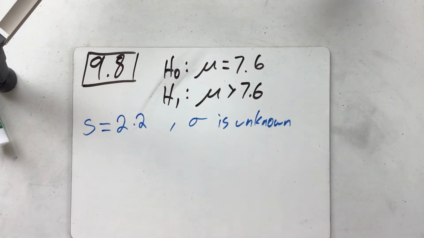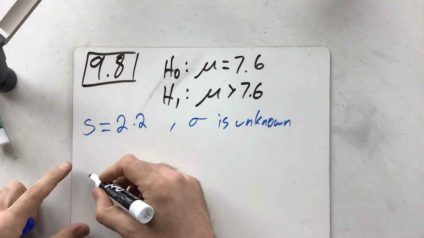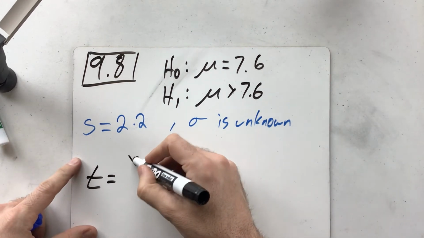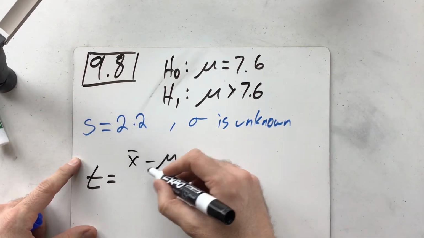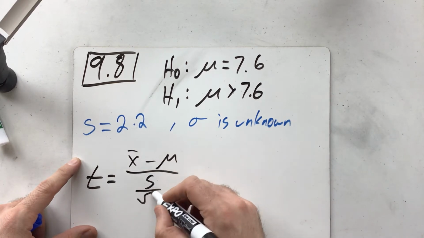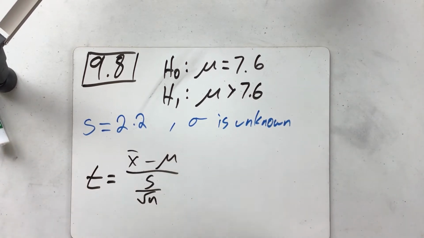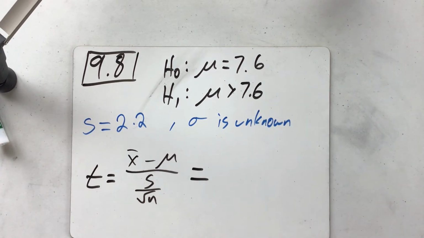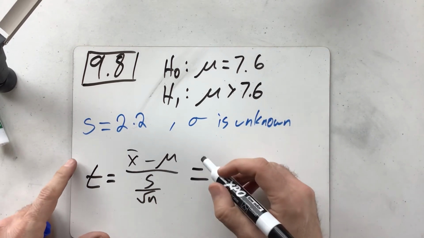So what does that mean? That means we have to use the t distribution and not the z distribution. So we're going to use t equals x bar minus mu divided by s over the square root of n. So this is our test statistic. Let's put our numbers in.